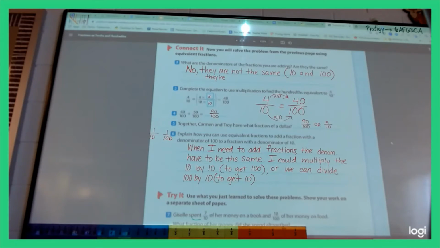And I will tell you, even after I write an answer like that, I always need to reread it to make sure it makes sense. So when I need to add fractions, the denominators have to be the same. We all know that. I could multiply the 10 by 10 to get 100 in my denominator. I tried to save you some words there. Or we can divide 100 by 10 to get 10 in the denominator.